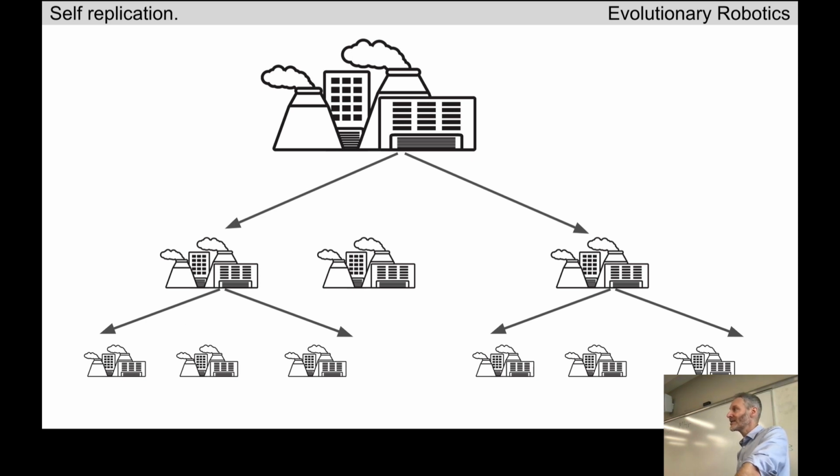If we could create such a system from an economics point of view, we need to make an additional investment to figure out not just how to make a factory, but make a self-replicating factory, and that's also more expensive. But once we figure that out, the cost for the child factories and the grandchild factories is marginal.